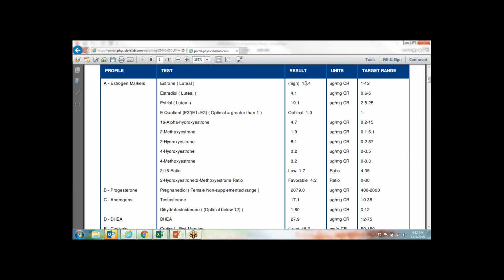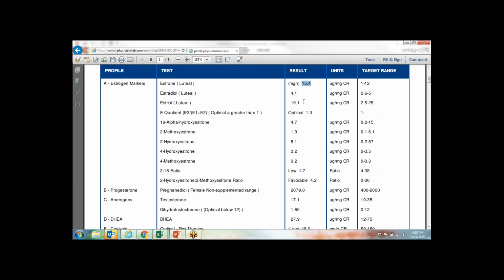So here for this patient, which is me, I'm looking at estrogen dominance clearly, not only because of the high 15.4 in estrone, because I can't look at E1 or E2 or E3 in a vacuum, because in urine it's really all three and the levels of all three that determine my actual estrogen load.